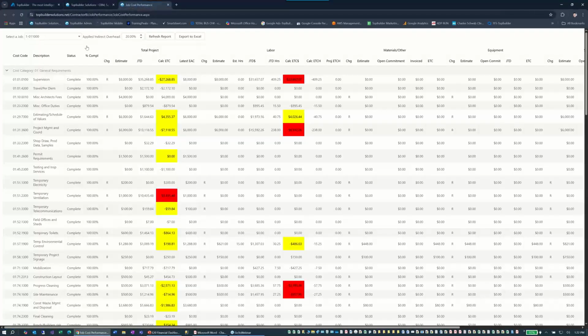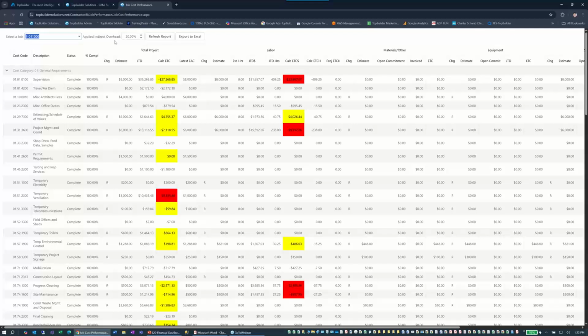You can also use this data for future bidding, but right now we'll focus on the jobs that are currently active. The way this works is you select the job, and you can apply overhead or burden to the labor, the general and administrative costs or burdens for your internal staff and crews, so you get a better picture of the cost.